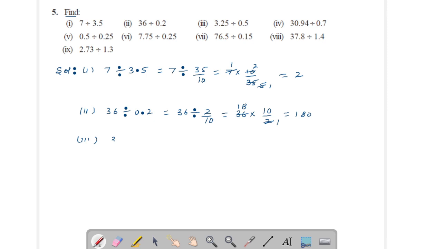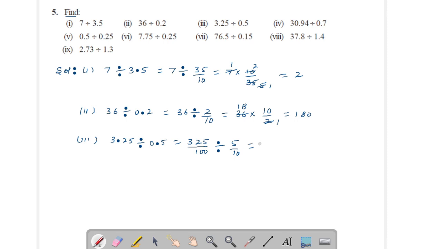Then come to the third part. It is 3.25 divided by 0.5. Here remove the decimal. It can be written as 325 upon 100 divided by 5 upon 10. Now change division into multiplication sign.